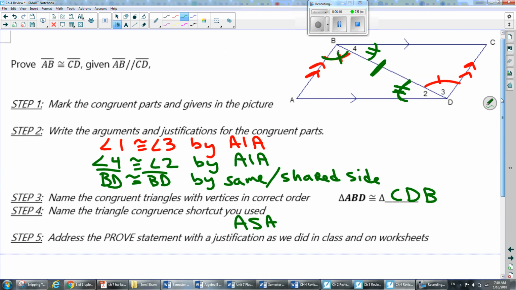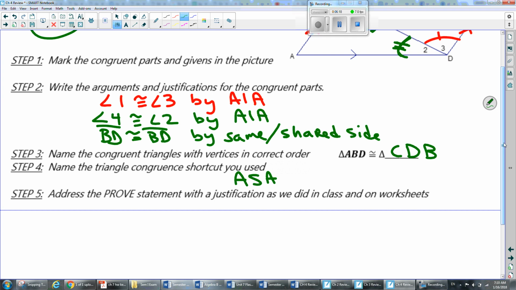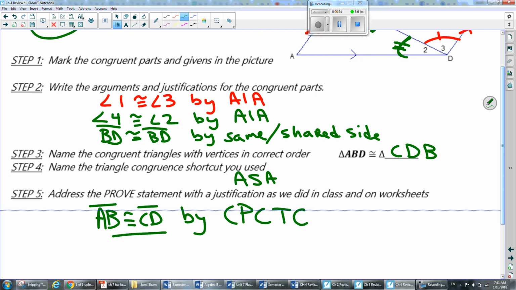So look back at what we were trying to prove, that AB is congruent to CD. So we know that they're now congruent because the corresponding parts of your congruent triangles are congruent. So your step 5 will always say what you were trying to prove, and this will always be the same by CPCTC.